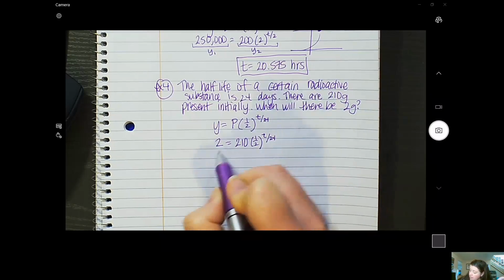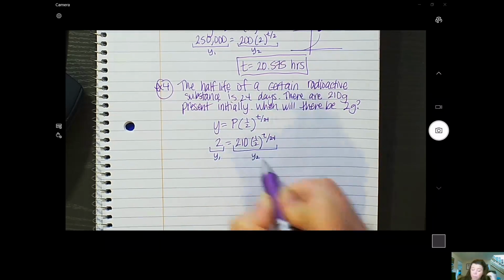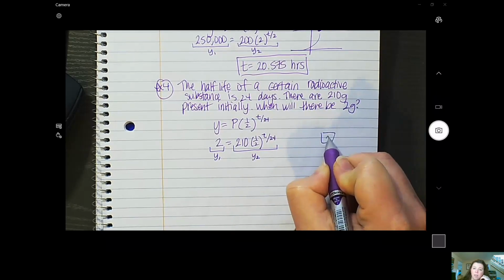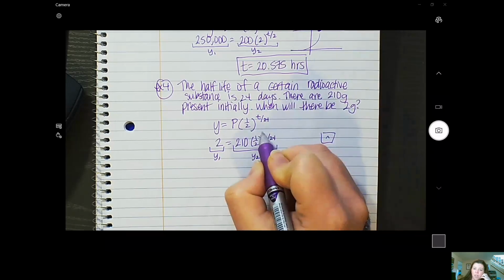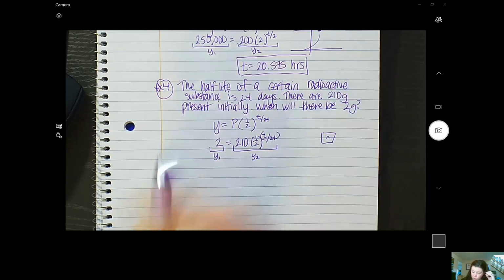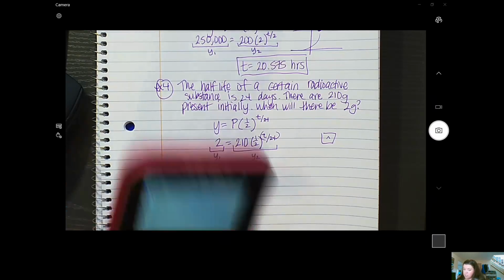All right, so again, I'm going to plug this in for y1 and I'm going to plug this in for y2. Those of you that have an older graphing calculator, when you hit the exponent button, it makes that actual caret on your screen. Don't forget to put this in parentheses or your calculator won't do it correctly. So this time I'll do it on the other calculator so you can see the difference.